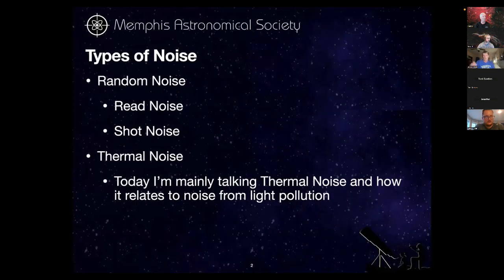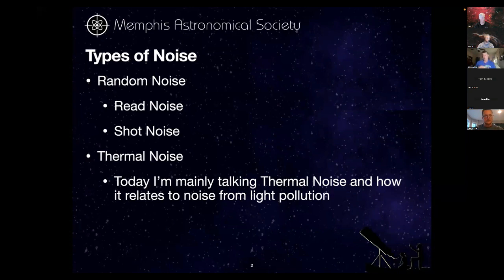What I want to talk about is his section on thermal noise, and how if you have a lot of thermal noise, but your light pollution is more, then you don't need to correct for your thermal noise, because with the pollution, the electrons are there messing with your image, giving you a lot of noise.